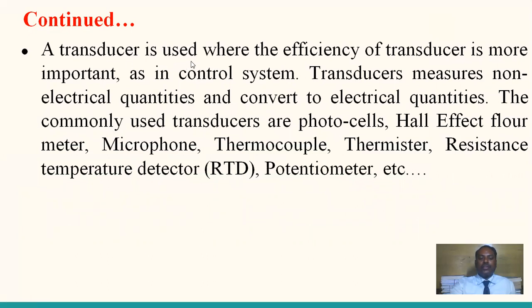A transducer is used where the efficiency of the conversion is more important, as in control systems. Both serve the same purpose, they measure, but the efficiency of the action is more important for a transducer.